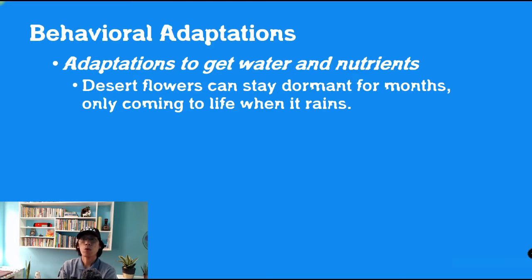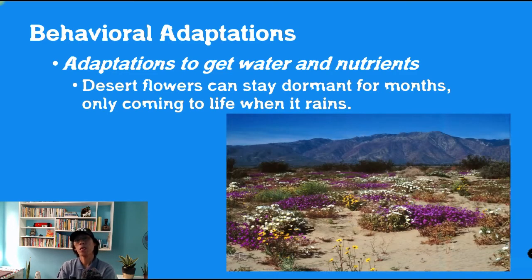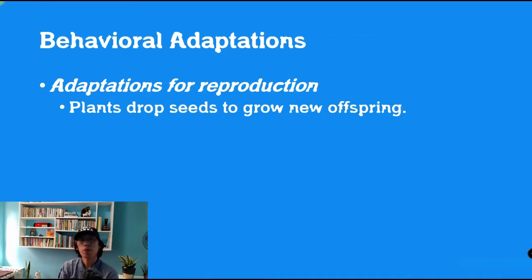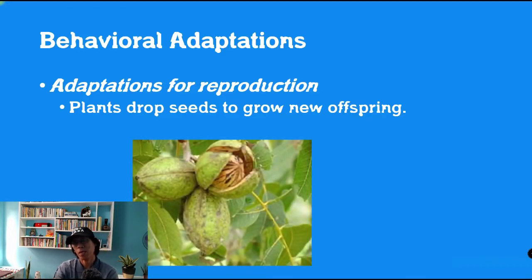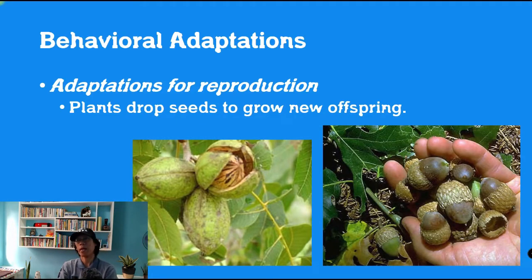Adaptations to get water and nutrients: besides roots, desert flowers stay dormant, meaning they are inactive for several months and they come to life when it begins to rain. Adaptation for reproduction. Plants drop seeds to grow new offspring. When the fruit matures, the seeds fall to the ground and a new life begins there.